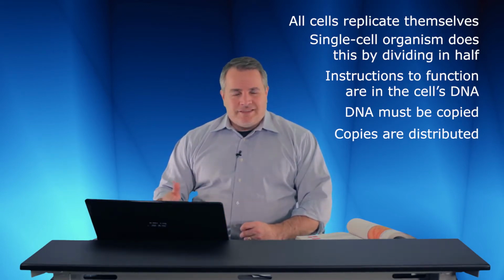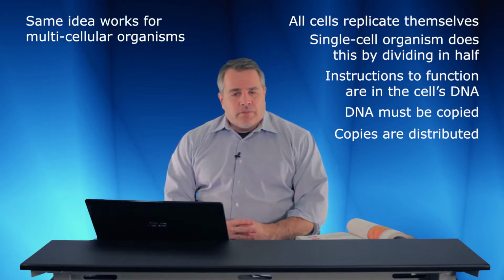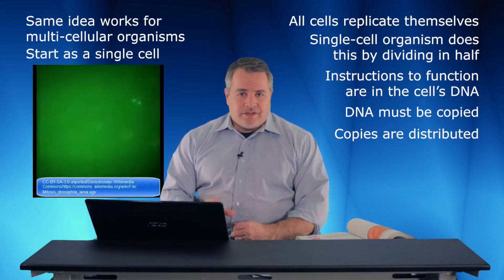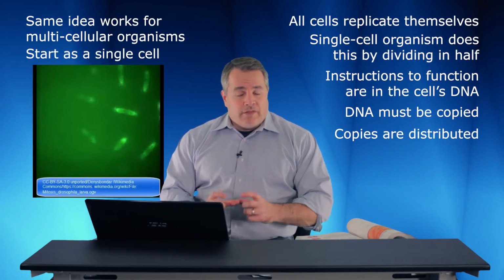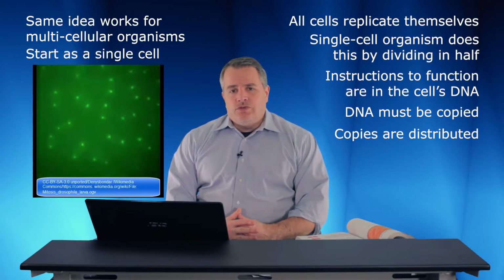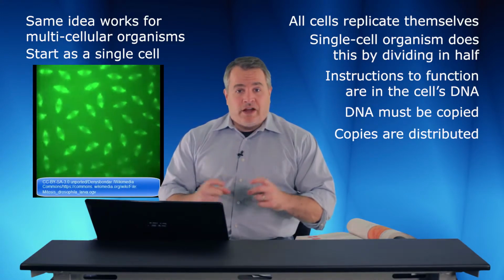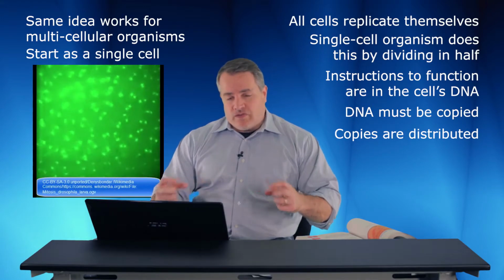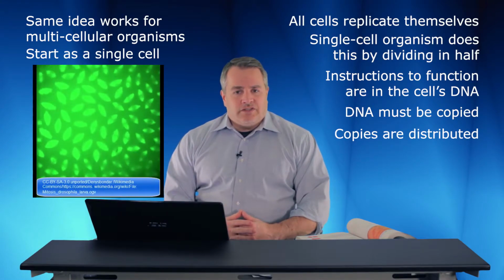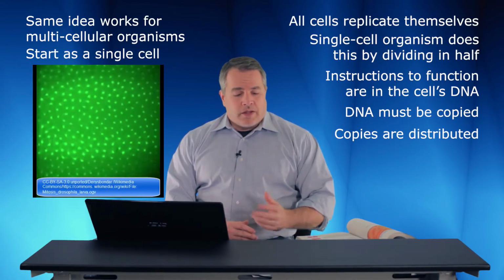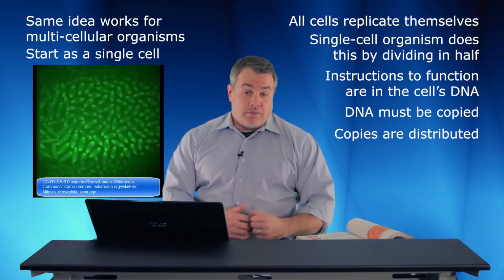And that's the same idea if you're talking about a multicellular organism. All multicellular organisms originally start out as a single cell. The way that single cell turns into a multicellular organism is that the one cell divides into 2, and then the 2 into 4, and the 4 into 8, the 8 into 16, etc., until you have the multicellular organism, whether you're talking about a fish or a human being.